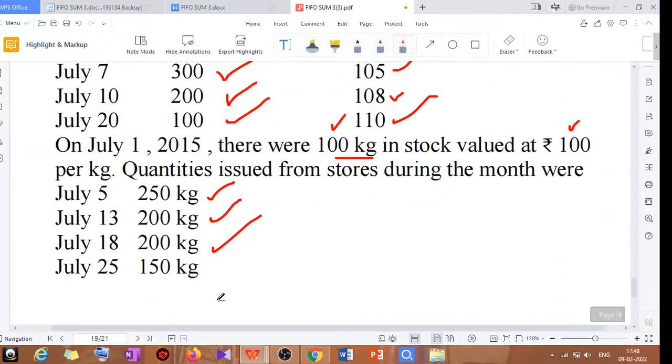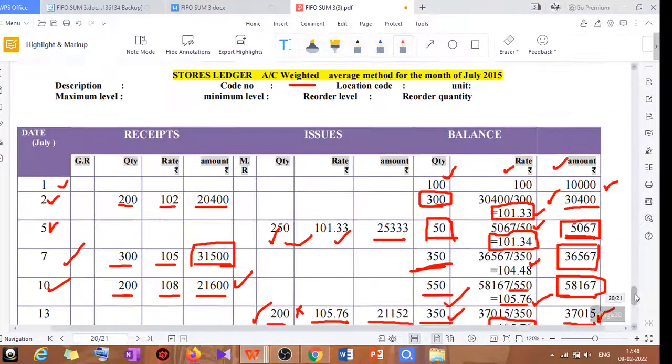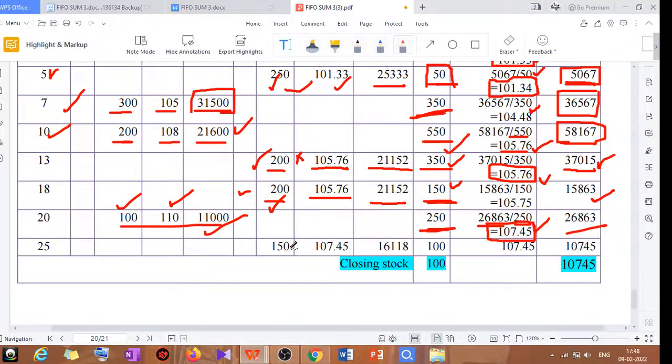Next we have on 25th 150 issued. So on 25th, write it under issue column 150. So which rate should you take? The last rate is 107.45. So 107.45 into 150. So you will get 16,118.